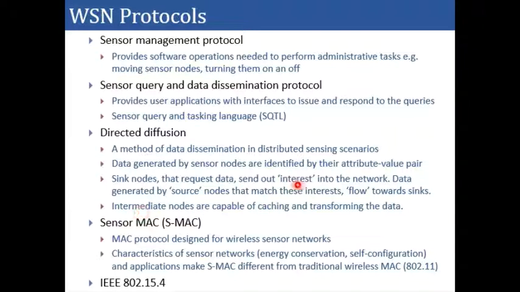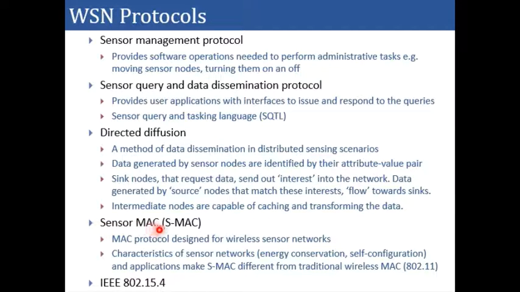So here the attribute value pair, that is your interest and data and the flow, will be the prime key value pairs for data transmission. Now intermediate nodes which are responsible to forward the data will have the capability of caching and transforming such kind of data.